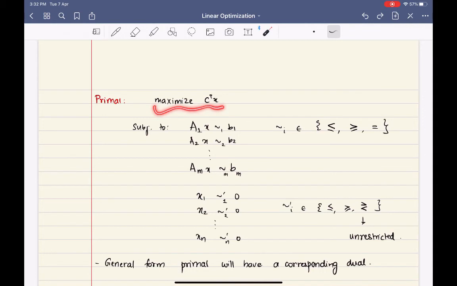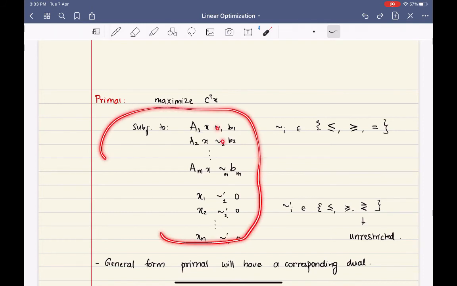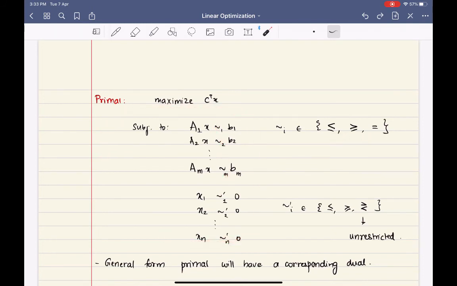You maximize C transpose X subject to some AiX compared to bi, where the comparison operator can be one of these three, and xj compared with 0 could be either less than or equal to, bigger than or equal to, or I am writing this to say that it is unrestricted. For some combination of operators you will get a primal, and for that there will be a dual.